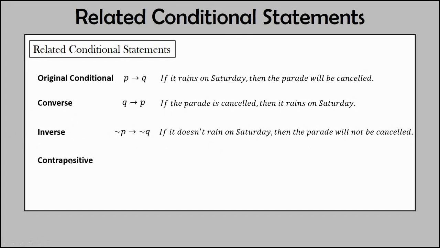Finally, we have the contrapositive of a conditional statement. For that one, we take the converse and negate them both. So it's the negation of Q implies the negation of P. We would write: if the parade is not canceled, then it doesn't rain on Saturday.